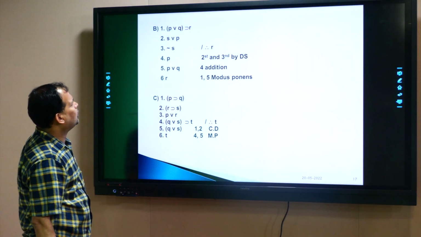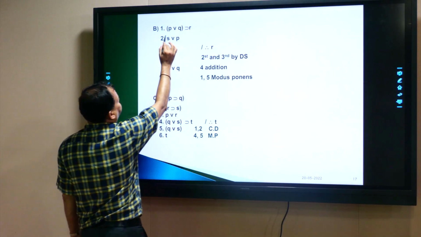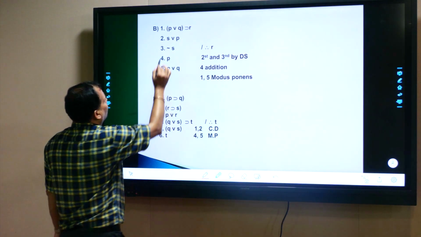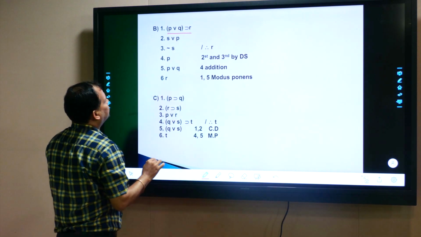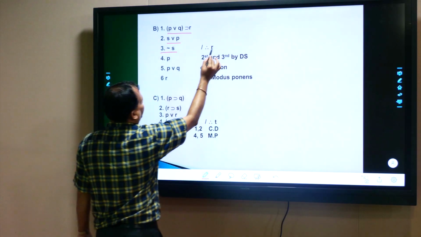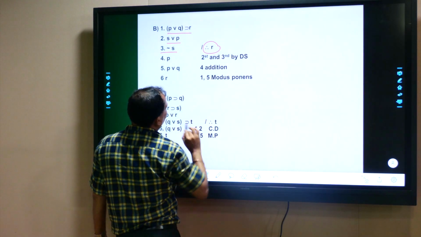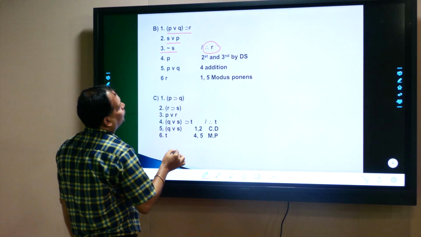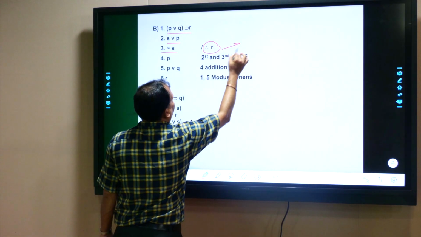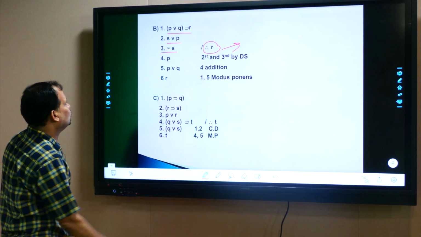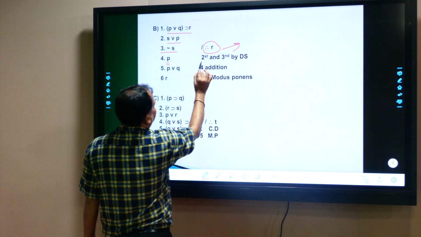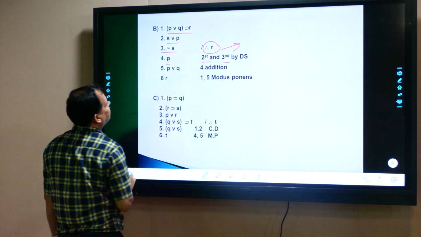Now you see another one. That is, first one is P val Q implies R. Second one is S val P. Third step is negation S and conclusion R. So here also we have to see what are the rules we have to apply in order to deduce the conclusion R. So dear learners, you see, in fourth step we find P. How can we find P? We have to apply second and third by disjunctive syllogism.